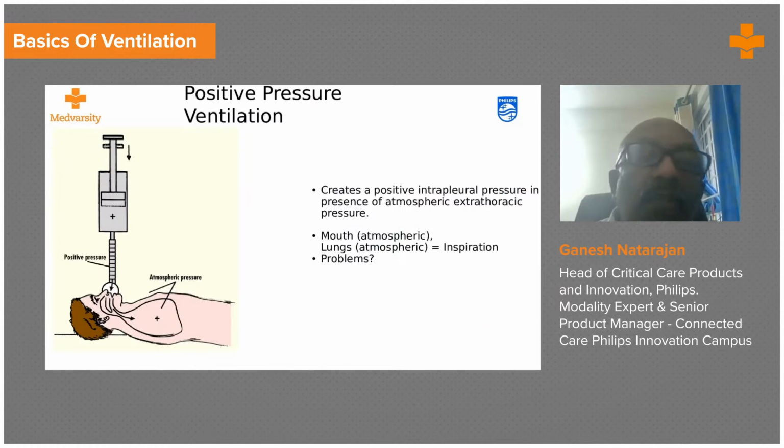Now, the converse of this is positive pressure ventilation. In positive pressure ventilation, your lungs are not able to expand to create a negative pressure. So what has to be done externally is to create a pressure to push the mixed gas into the patient.